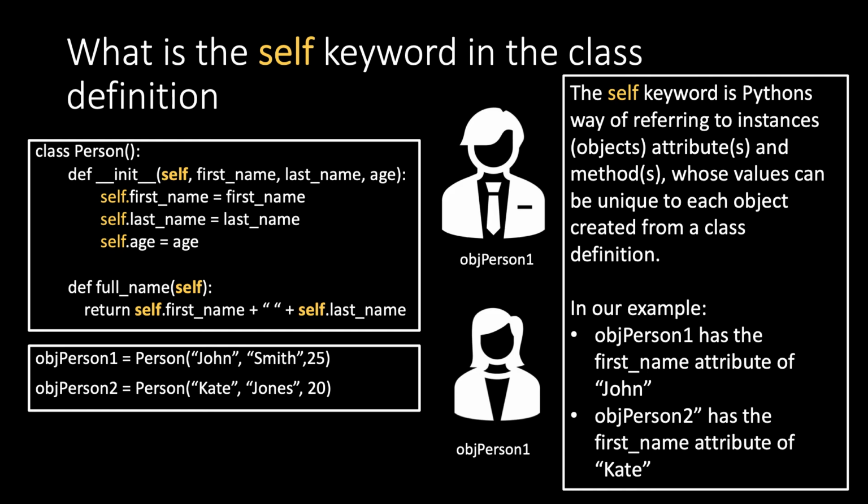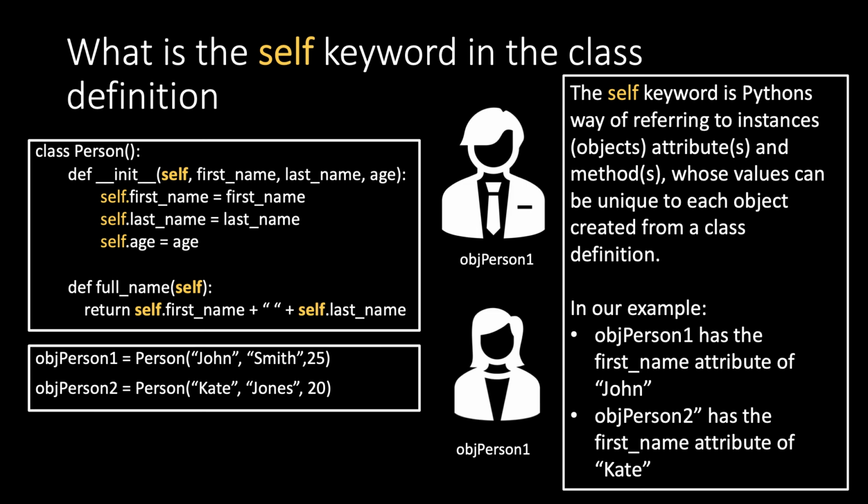So in our class definition, as you can see here, we have used the self keyword quite a bit. The self keyword helps Python distinguish between our different objects we created and their data. So when we instanced our obj person1, we said person, we supplied the arguments John Smith 25. In the initializer, we have the self keyword followed by the name of the 3 parameters, first name, last name, and age.